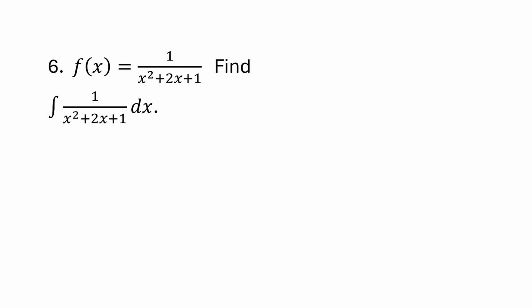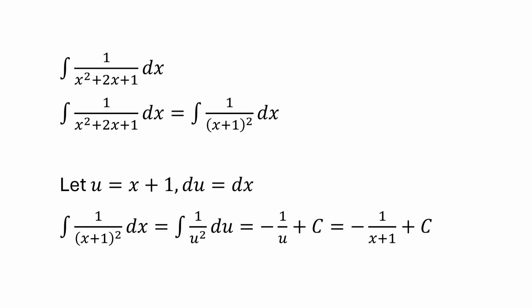Again, I'm going to point out that algebra is going to be used. X squared plus 2x plus 1 is x plus 1 squared. So I have the integral of 1 over x plus 1 squared. So if I let u be x plus 1, du is dx.